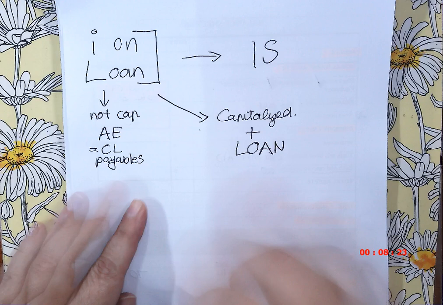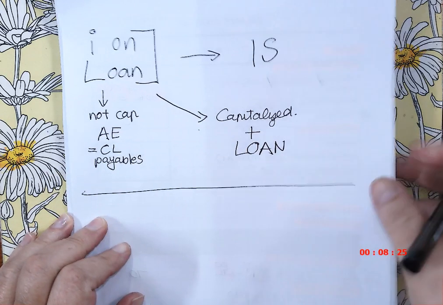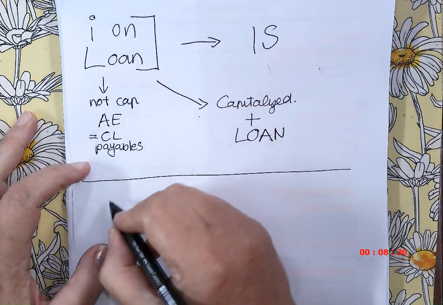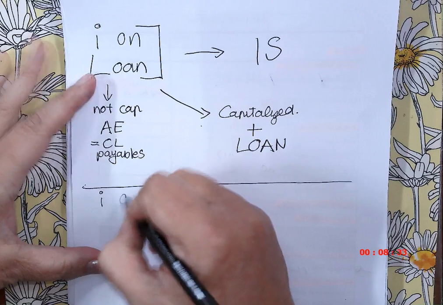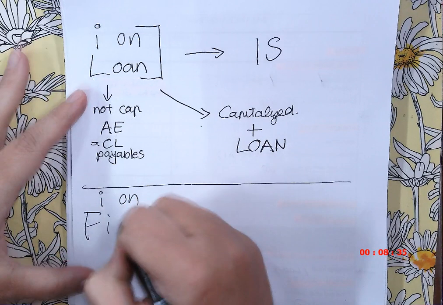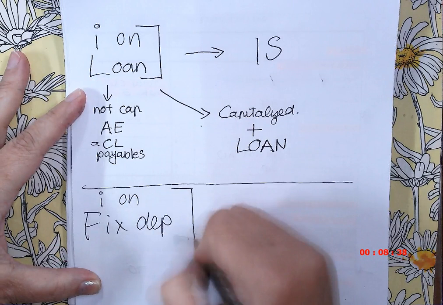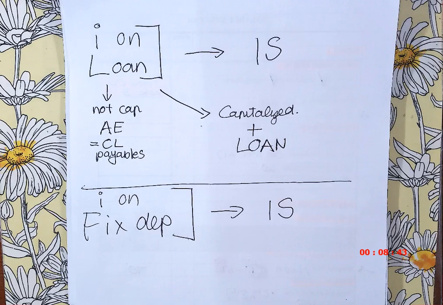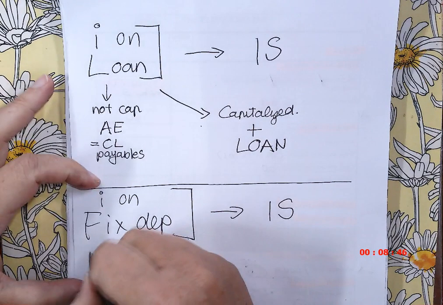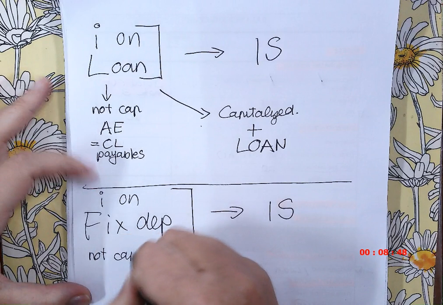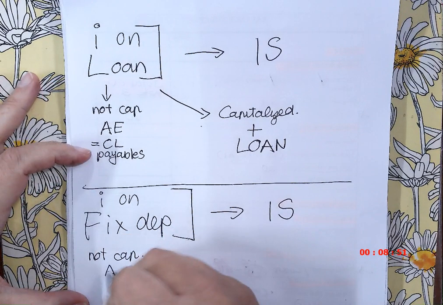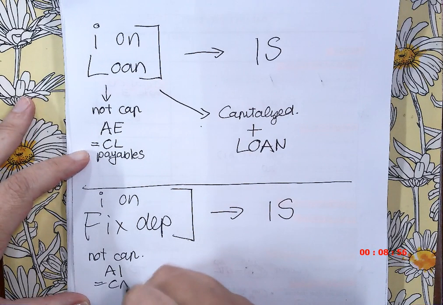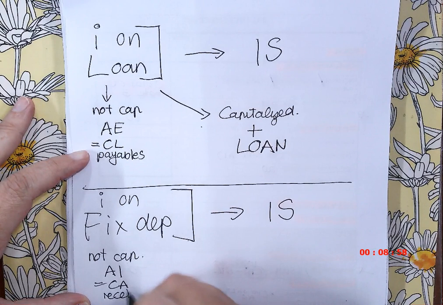If I do interest on fixed deposit, interest on fixed deposit goes to the income statement. Doesn't matter if it's capitalized or not. If it is not capitalized, it's an accrued income, which is a current asset, which is a receivable.